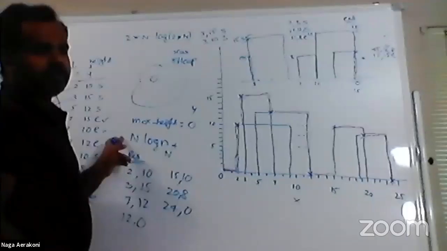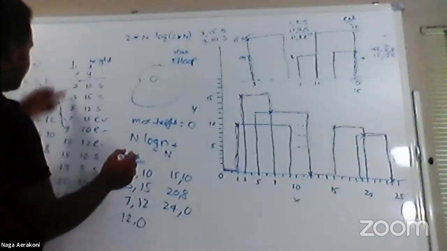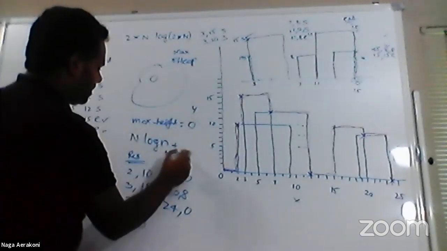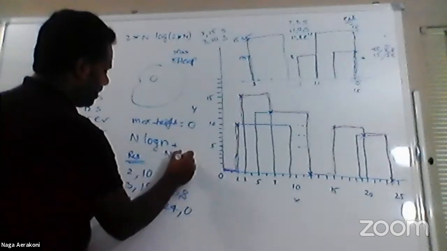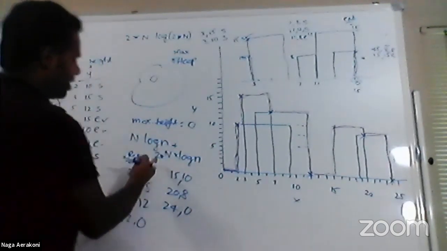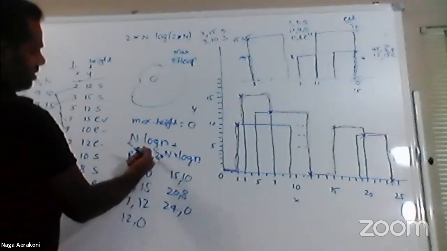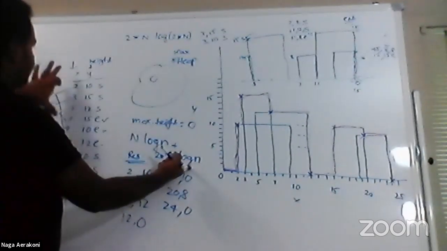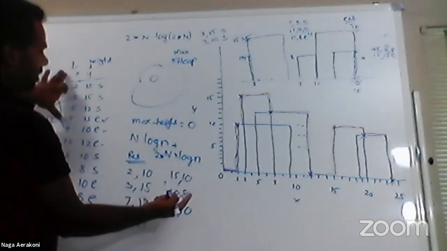Yeah. And since for n times we are looping through all this, we can just say it will be n log n plus n log n, but since the number of building points is 2 star n, we can show 2 star n into log n, which is again the same time taken by the sorting.